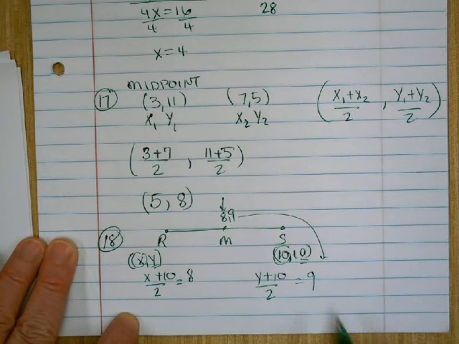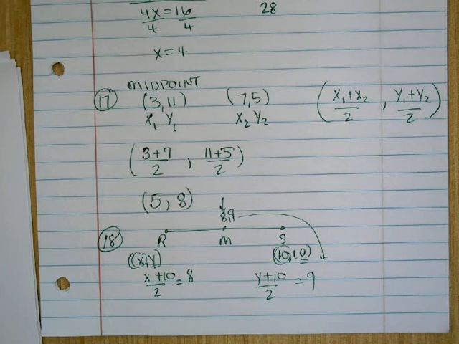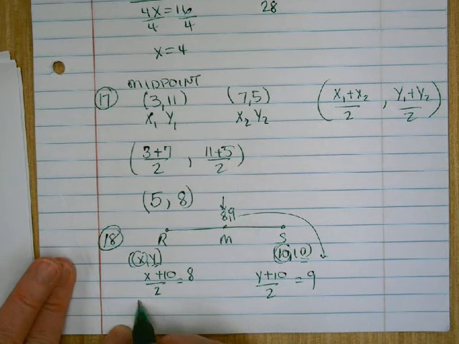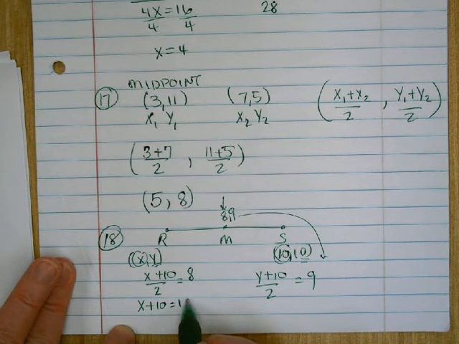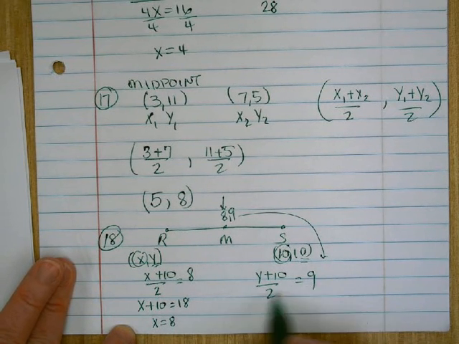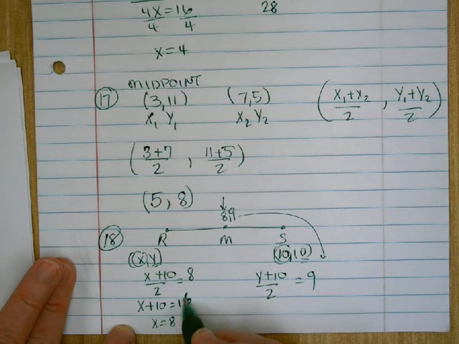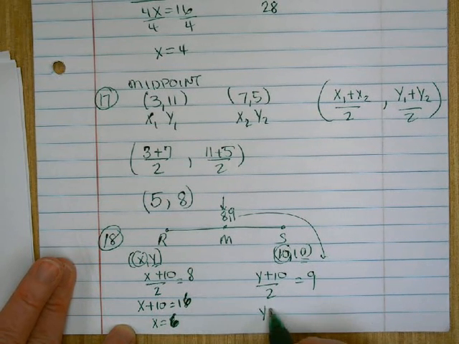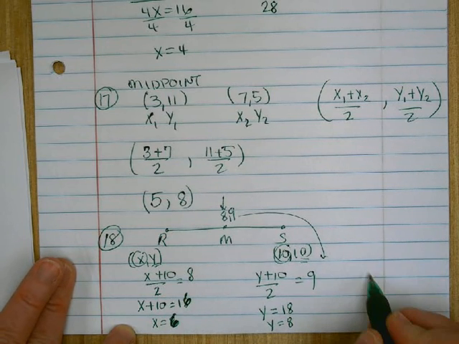So you just work backwards. If you multiply both sides by 2, you get x plus 10 is 18, so x is 8. Then 16, x is 6. This is where you have y equals 18, and y is 8. So my answer here is 6, 8.